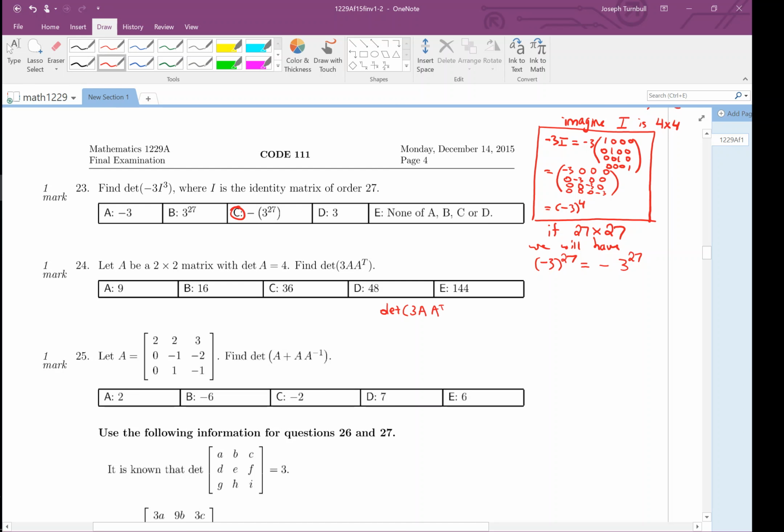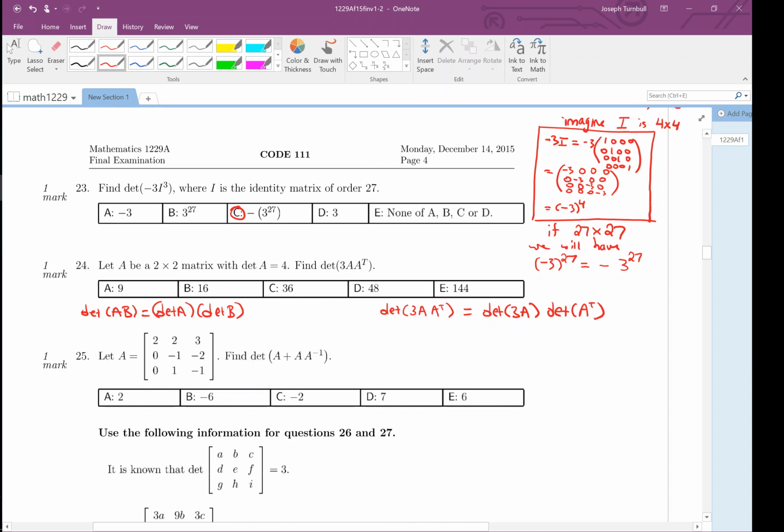And we have a determinant property. The determinant of two matrices A times B is the determinant of A multiplied by the determinant of B. And we have another property. We'll use that one first. So determinant of, I'll put the 3 and the A together, so determinant of 3A times the determinant of A transpose. So we'll do that.